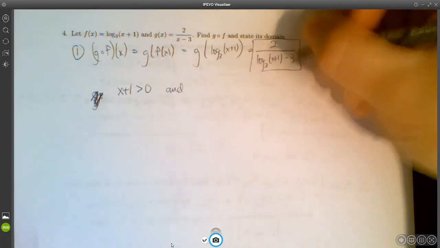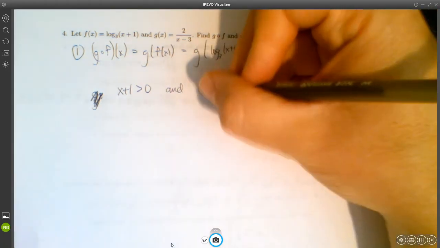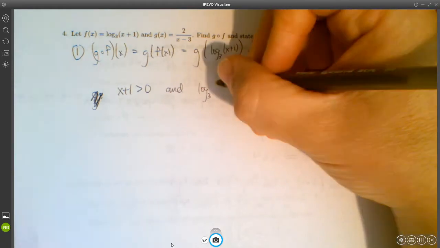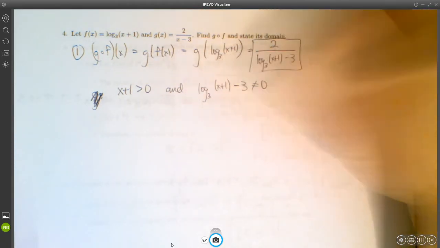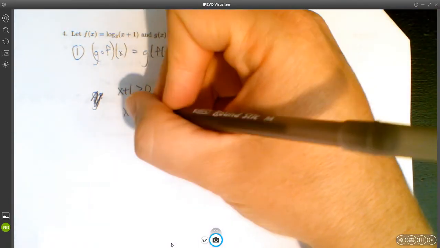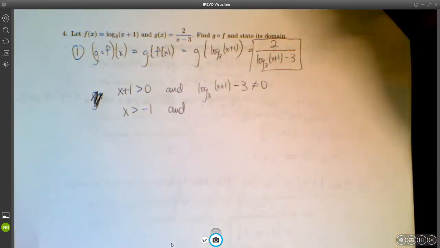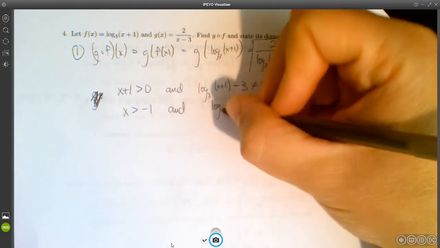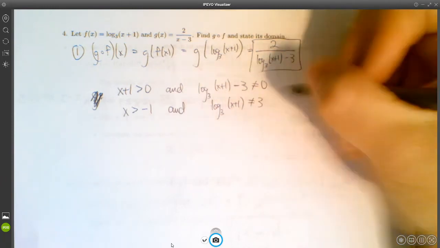And for a rational function, we need the denominator to not be 0, so we need log base 3 of x plus 1 minus 3 to not equal 0. If we solve both of these, x has to be bigger than negative 1, and log base 3 of x plus 1 cannot equal 3.